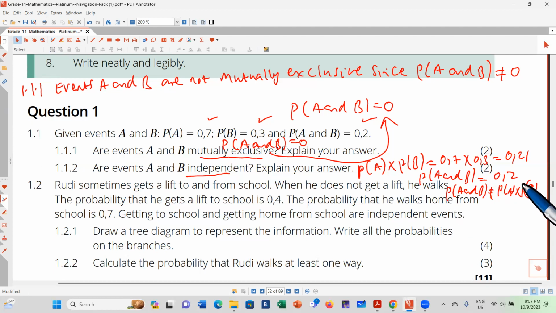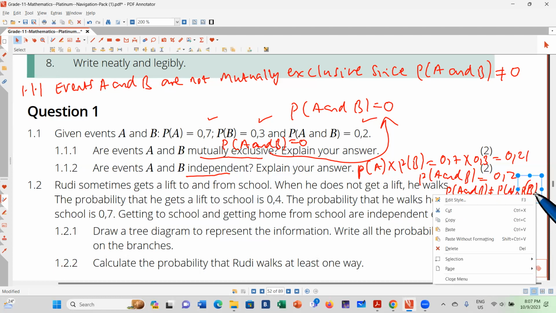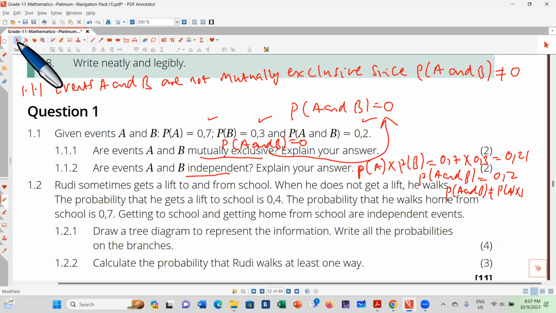Okay? Is different. So the probability of A and B is different from the probability of A times the probability of what?